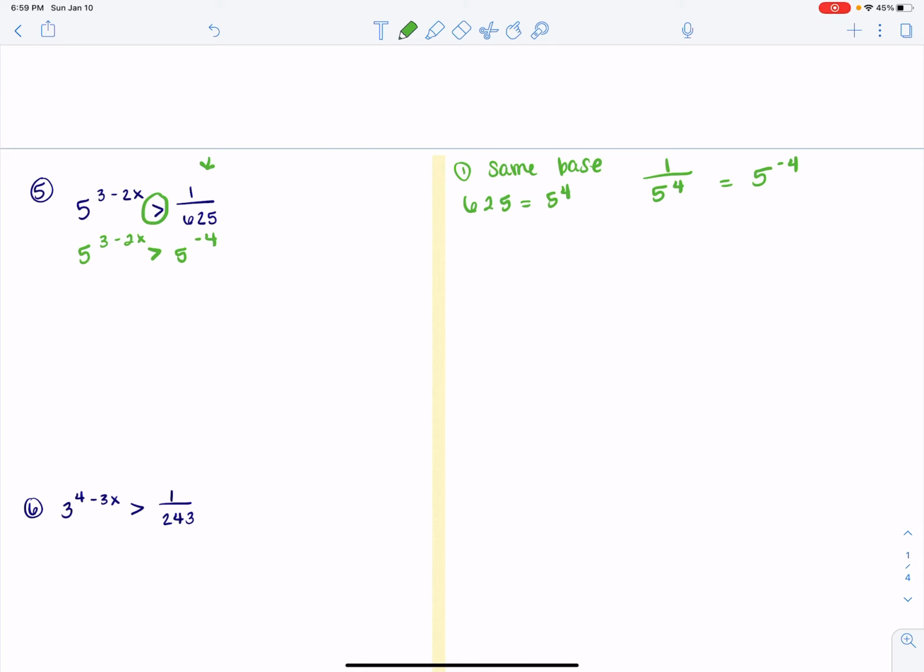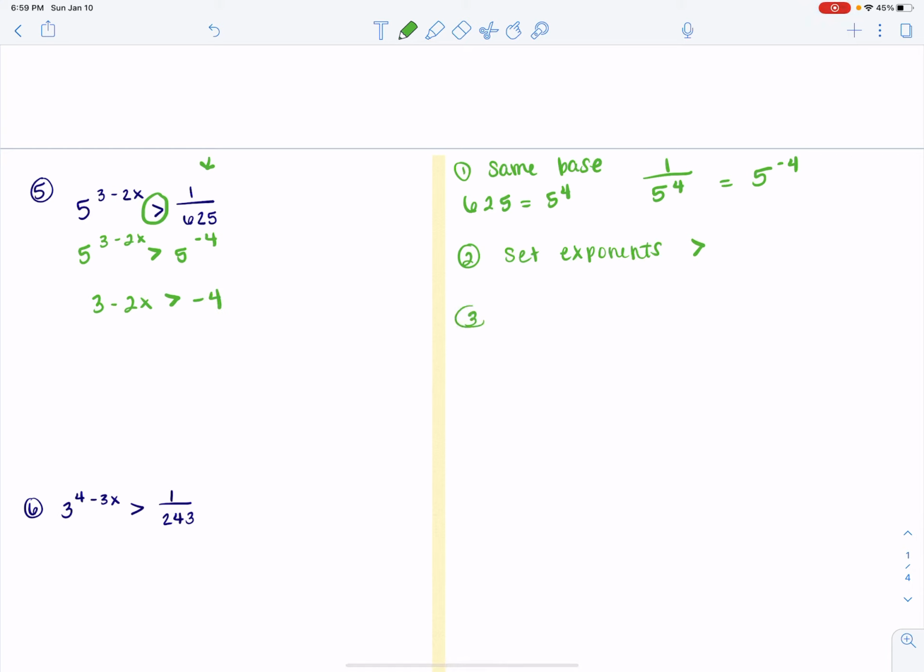Then we don't have anything to simplify, so I'm going to set my exponents equal to each other, but in this case, I'm going to use the inequality stated. Instead of saying equal, I'm going to still keep the greater than. So I have 3 minus 2x is greater than negative 4.